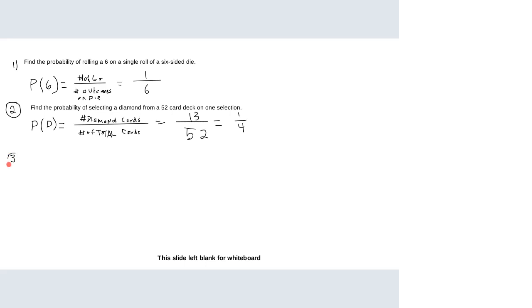Look at that last one for basic. So find the probability of selecting a black card. All right.